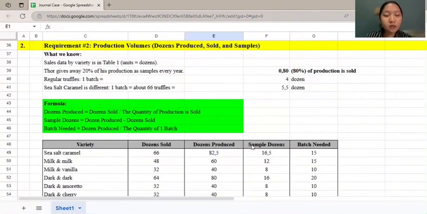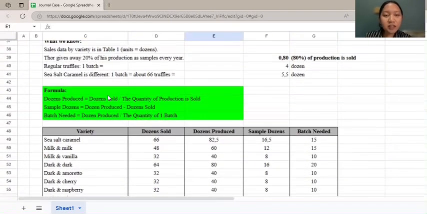Thor gives away 20% of his production as samples every year, so 0.80 or 80% of production is sold. The regular travels for one batch is 4 dozen, and sea salt caramel is different, where one batch is about 66 travels, or 5.5 dozen.